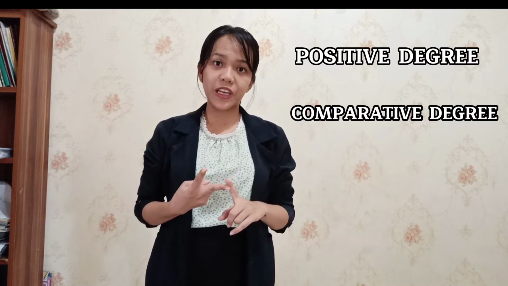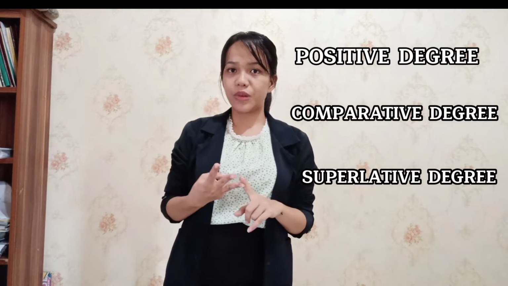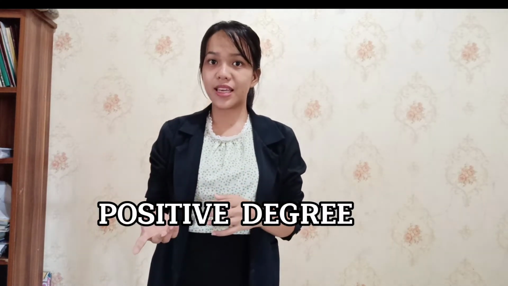There are three types in degrees of comparison: positive degree, comparative degree, and superlative degree. The first level is the positive degree. This degree is used to compare things that are on the same or equal level.